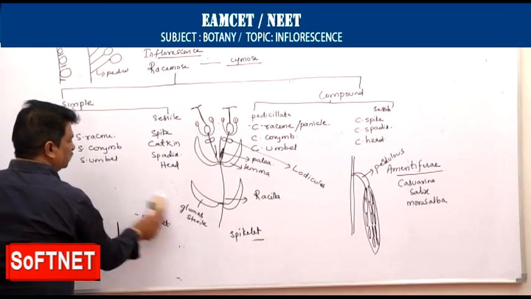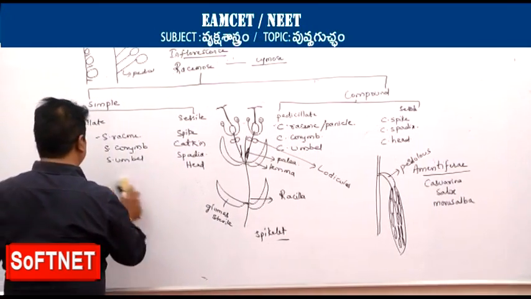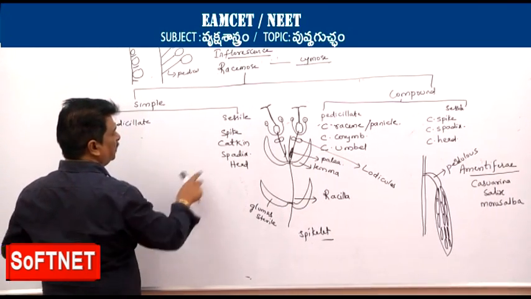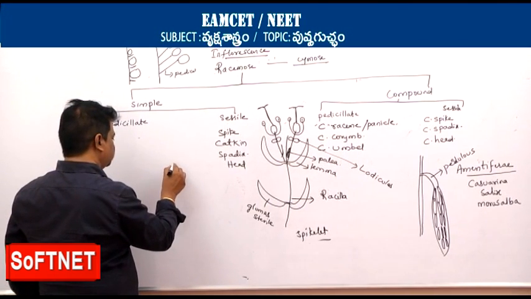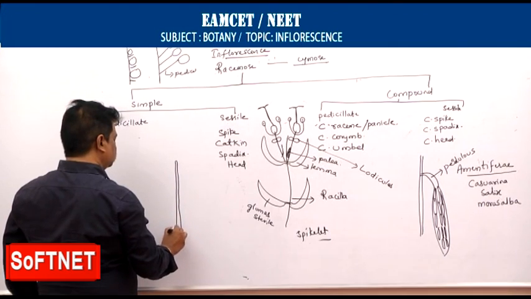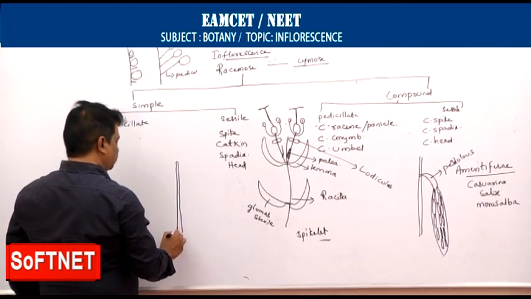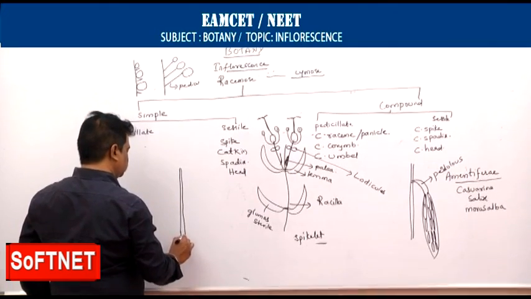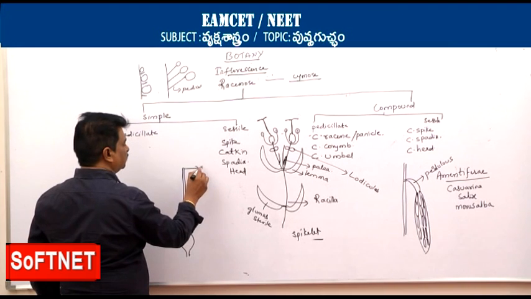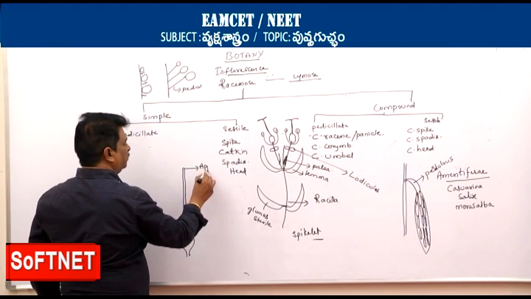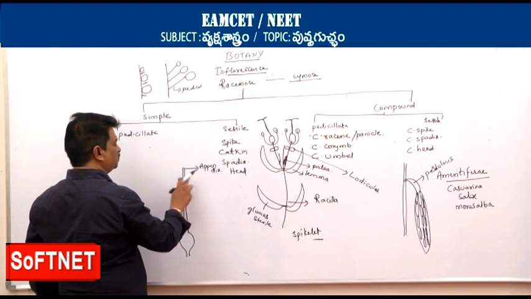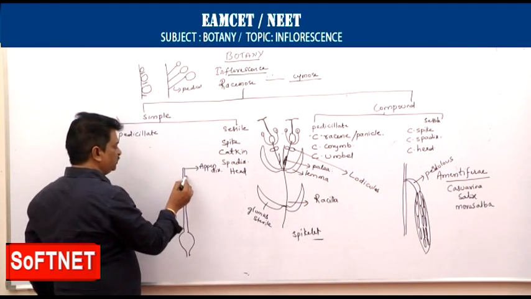Spadix is nothing but spike. Even in spadix, basic inflorescence is spike inflorescence, and in spadix peduncle is fleshy but not edible, and the tip of peduncle is sterile, called appendix.